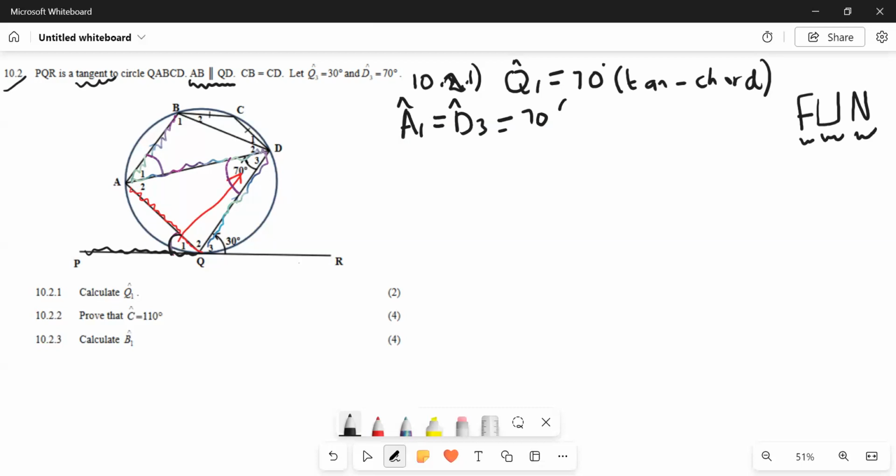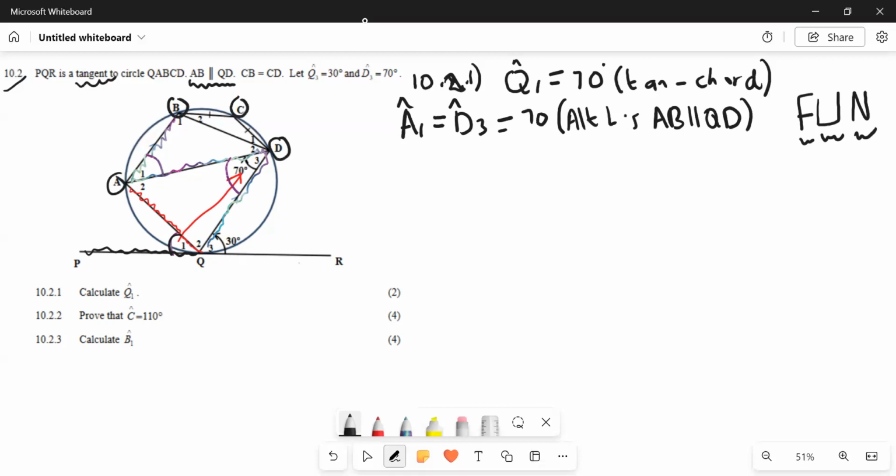And the reason: alternating angles, because AB is parallel to QD. That's good.